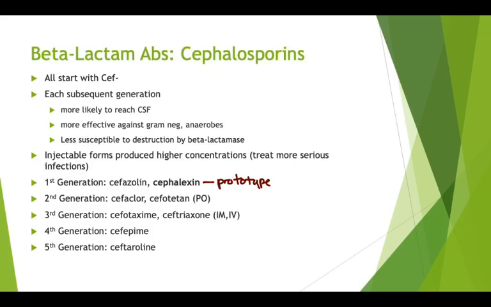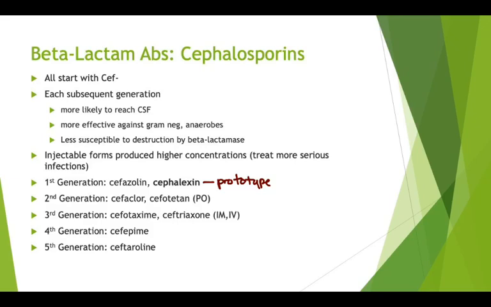If you see the first generation, there is still a first prototype. The cephalexin is a prototype of the first gen. Your 3rd generation is your ceftriaxone, which is the one that you can give IM or IV. And what do we treat with ceftriaxone? It's usually given for pelvic infection.